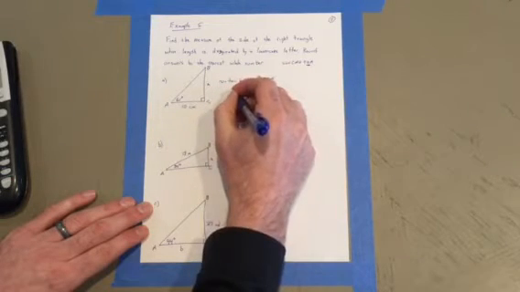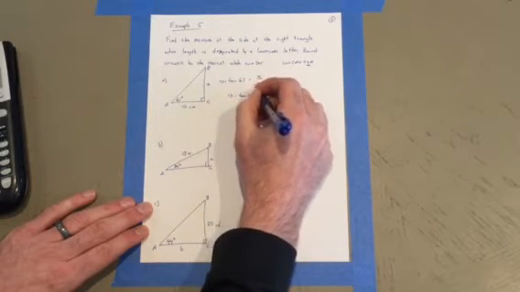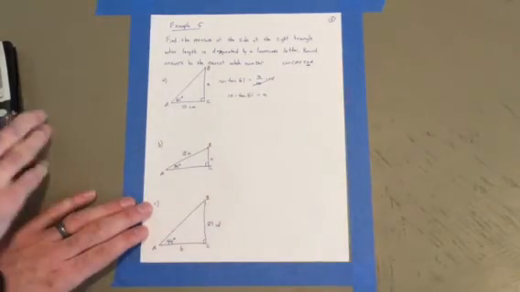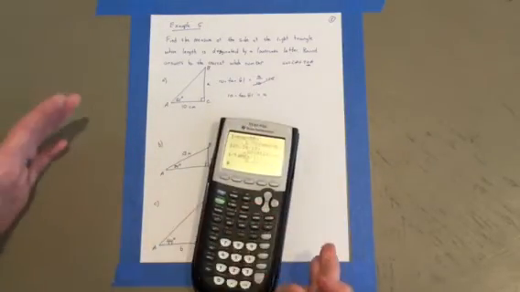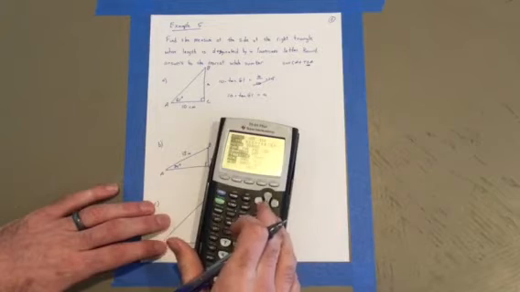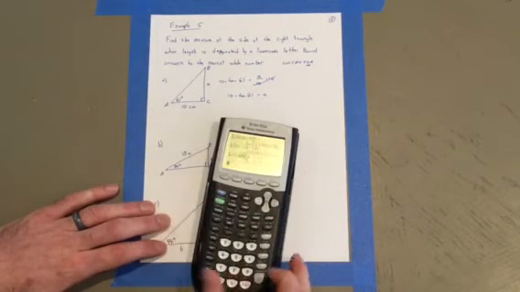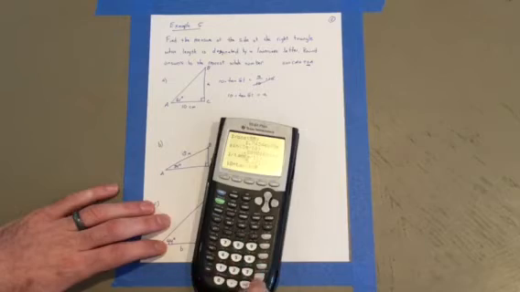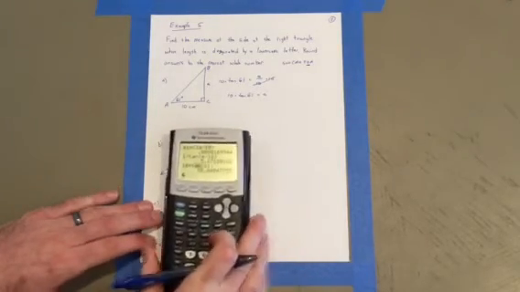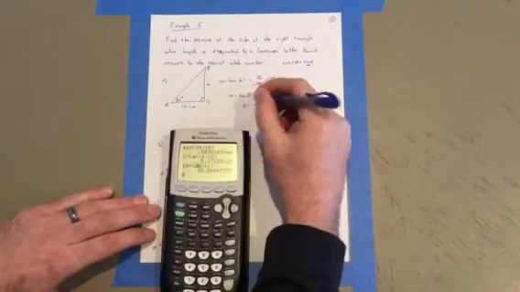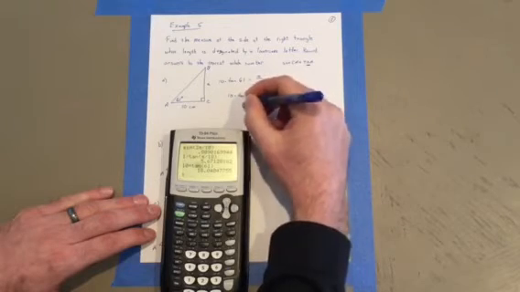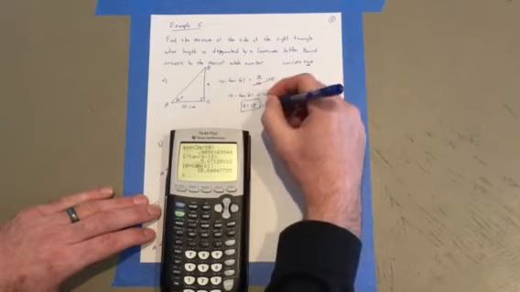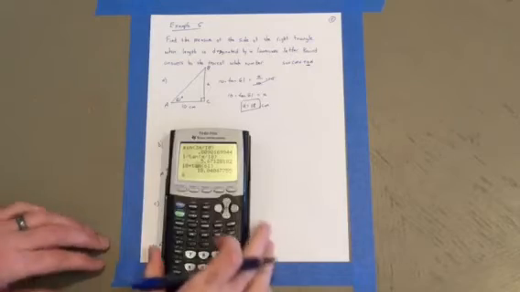So 10 times tangent 61 equals a. Back to my calculator. We were just in radian mode before, so we have to go back to degree mode. 10 times tangent 61. It says round to the nearest whole number, so a is 18. I guess we should write centimeters.